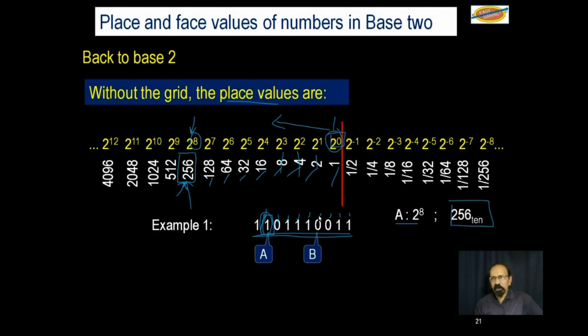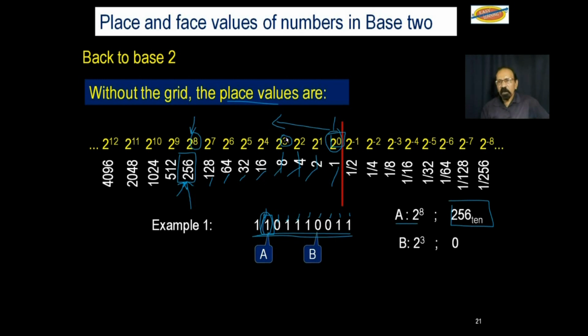Let's take this digit, 1, 2, 3, 4. So it's here. It's in the 2 to the 3rd position, which is the 8th position. But since we have 0 of it, it has no value, 0. Take one more example.